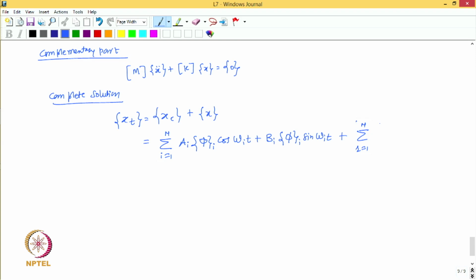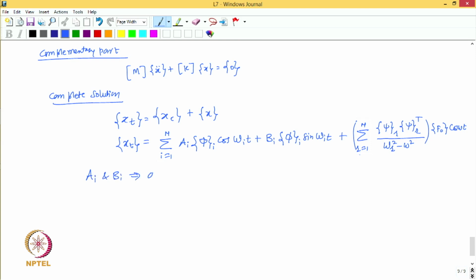Hence, we write down the steady state part as phi r transpose divided by omega r square minus omega square, right, into f naught cos omega t.